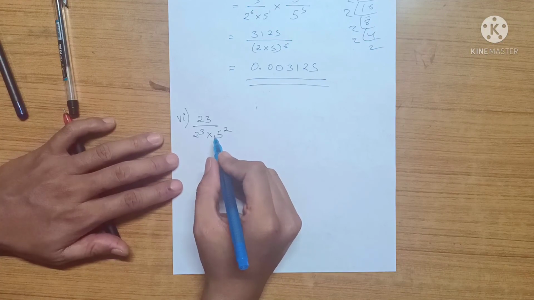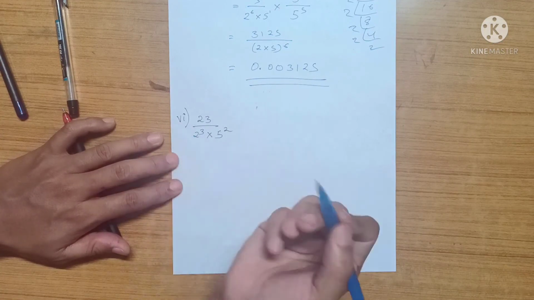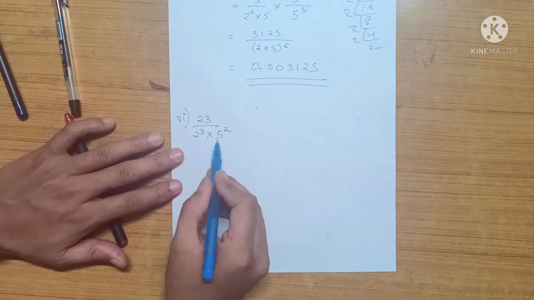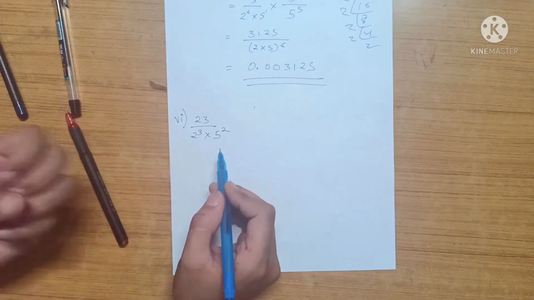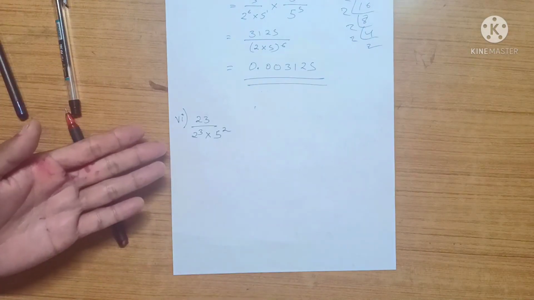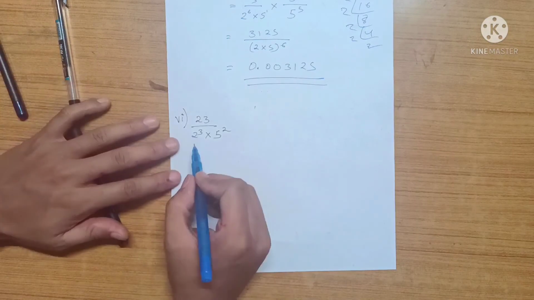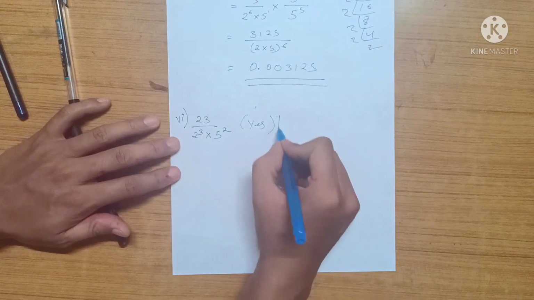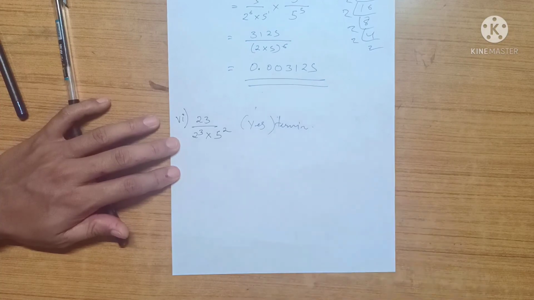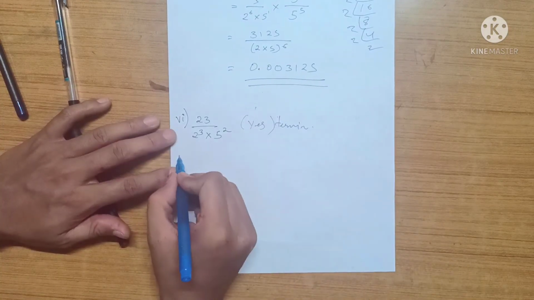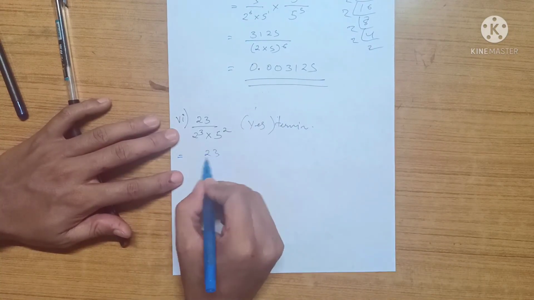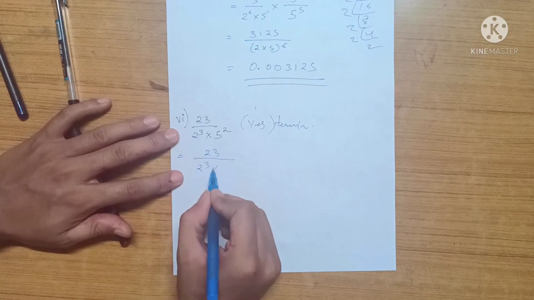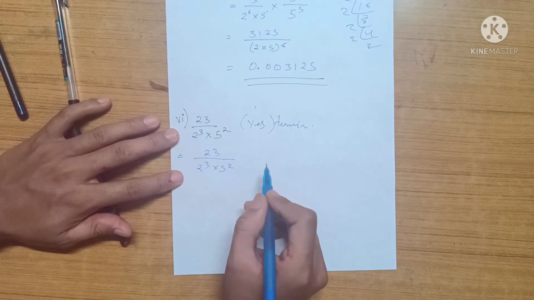As for number 6, they've already done half of it for us, so good for us, I guess. And this will be yes, terminating. So if it's terminating, we'll have to divide. So let's see, it is 2 to the power 3 into 5 to the power 2. What do we need?